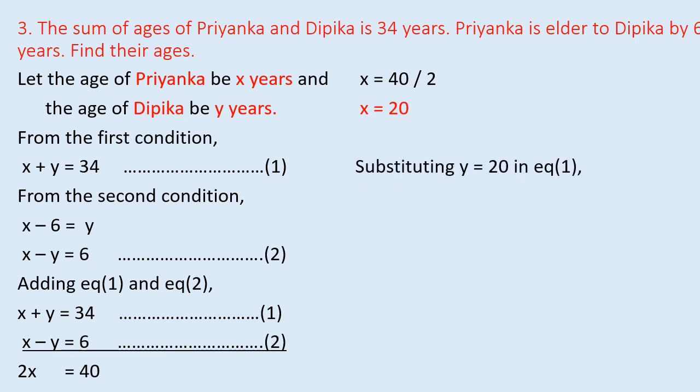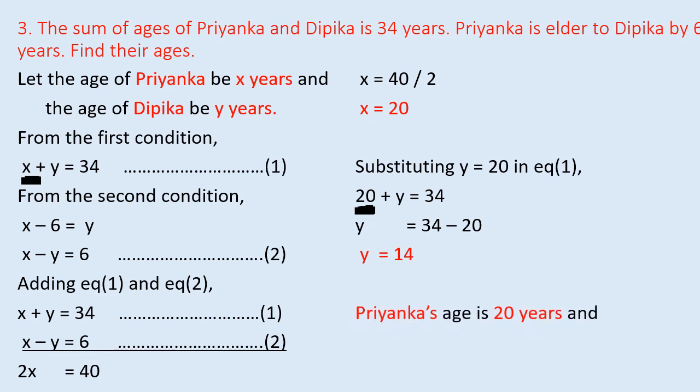On substituting x is equal to 20 in equation 1, we'll get 20 plus y is equal to 34. We are substituting the value of x here. When we do that, we get y is equal to 34 minus 20, which is 14. So x was whose age? It was Priyanka's age. So Priyanka is 20 years old, and y was Dipika's age. So Dipika was 14 years old.